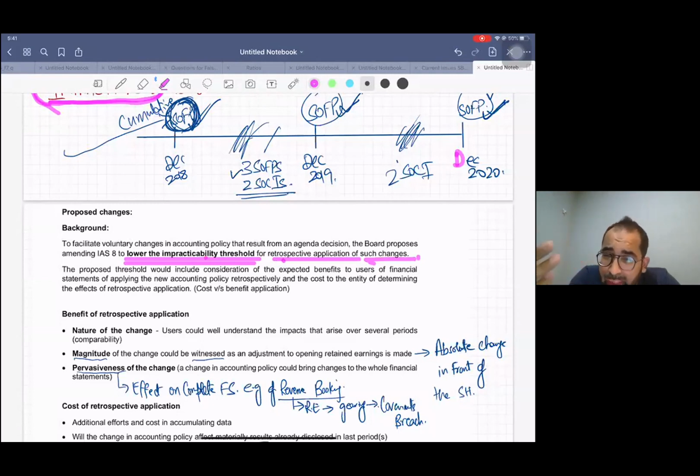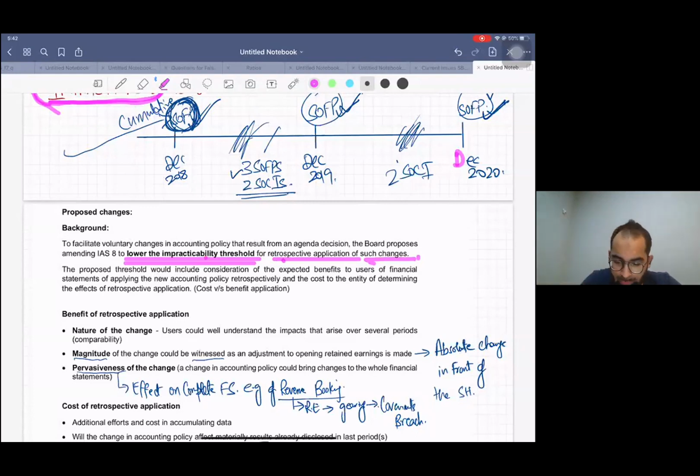So normally every year or every 2 years, the accountant has to apply IAS 8 for changes in accounting policy. If they do retrospective application for 8 years or 10 years in routine, this will be a big burden on accountants. So in order to give relaxation to accountants, they are going to change this standard. They are going to set an impracticability threshold.